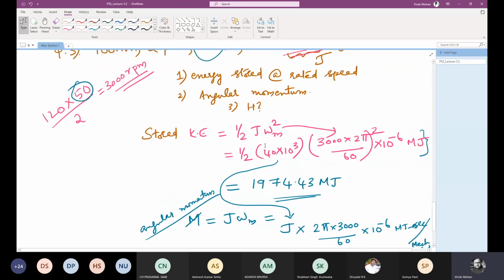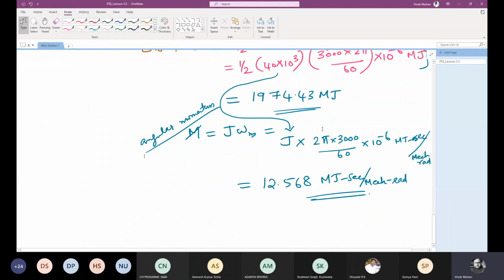Okay. Now, have you gone through the active and reactive power flow modeling equations? Yes, sir. Last lecture. Now we can go for the last question.